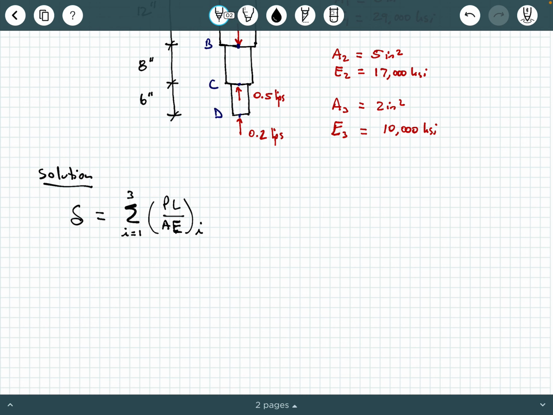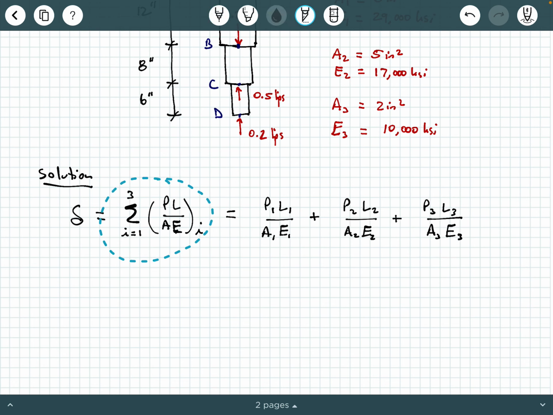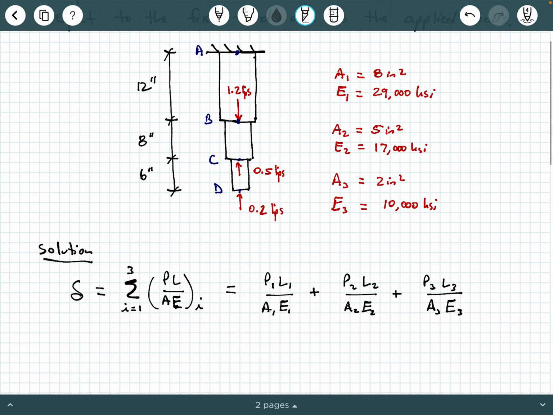So if we expand this summation, what we'll really have is P1L1 over A1E1 plus P2L2 over A2E2 plus P3L3 over A3E3. So again, you can expand this summation into its 3 terms, 1 term for each segment.